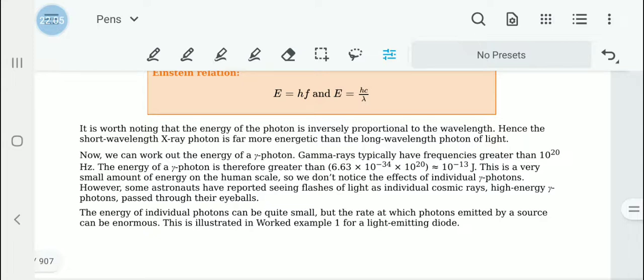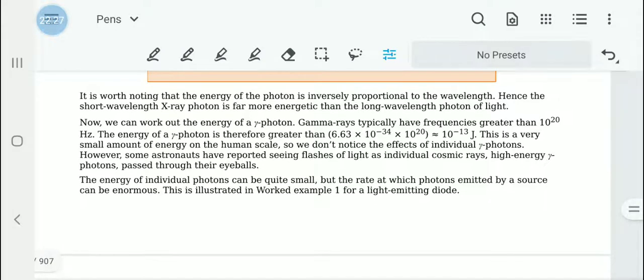So we know that the energy content of a photon is inversely proportional to the wavelength, because E equals hc upon lambda. As a result, a short wavelength X-ray is far more energetic than a long wavelength photon of light.